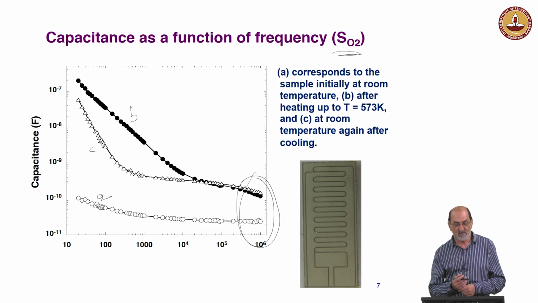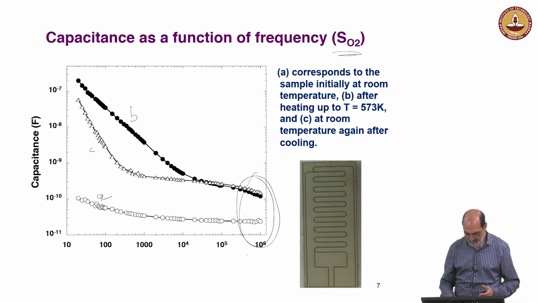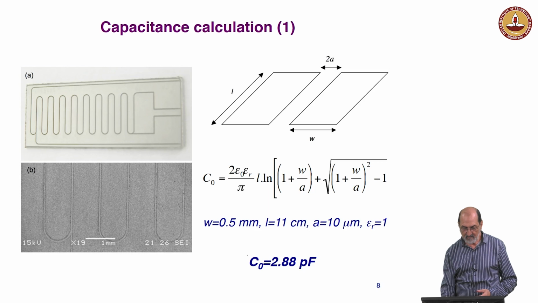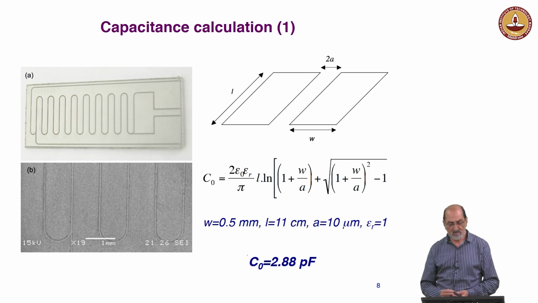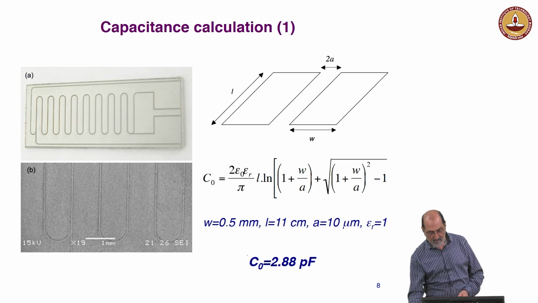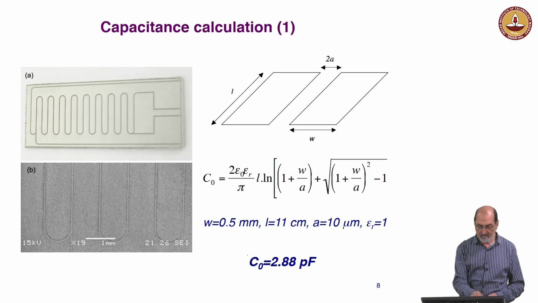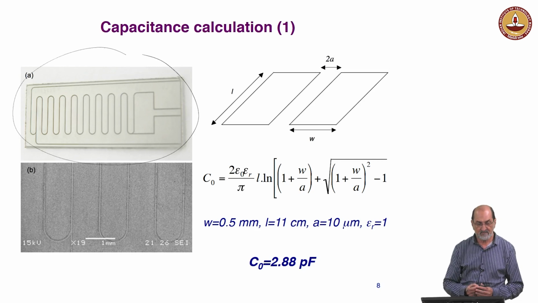So what I want to say is that something is going on in the bulk, not only on the surface. And then we made the calculations. The calculations are not easy because we have here a film over the substrate, and here we have a detail.